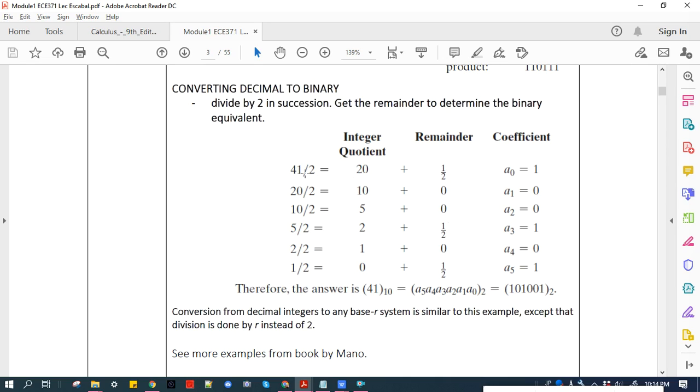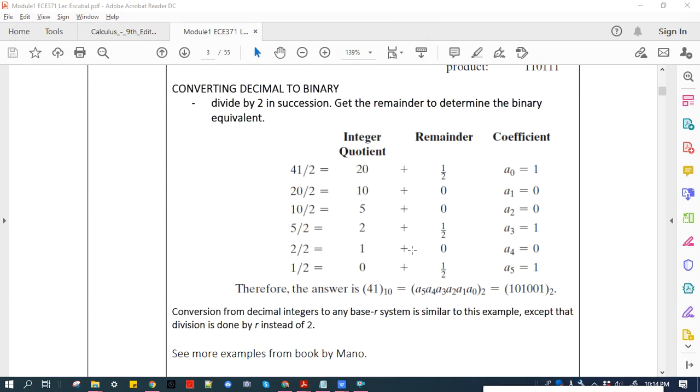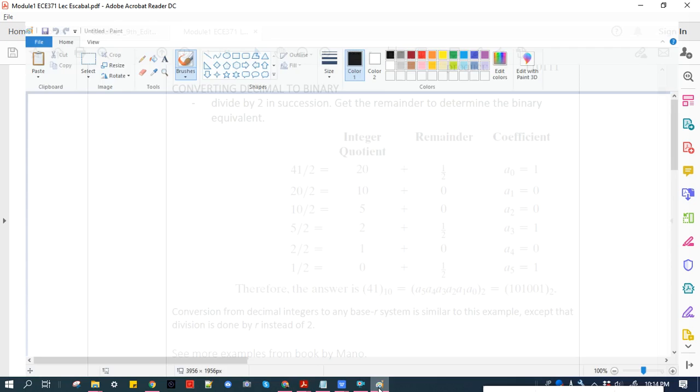This is the method that we used last time. I will show you the usual or the common method. They're practically the same, but it's just the form that is different.